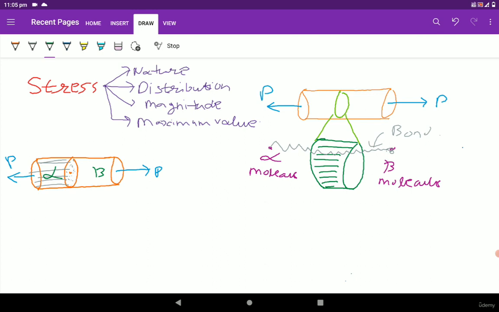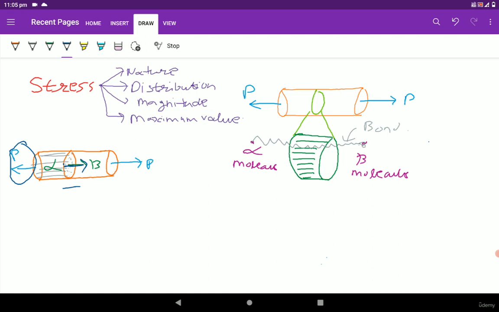So this load P tries to pull the alpha molecule, and the beta molecule tries to pull back the alpha molecule by offering some internal resistance.